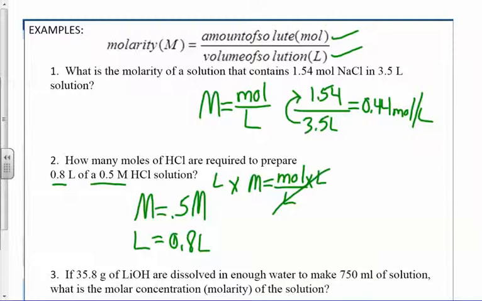We're going to multiply 0.8 times 0.5, and we will get, when we put it in the calculator, 0.4 moles of hydrochloric acid that we're going to need to make that solution up. So that was pretty simple.